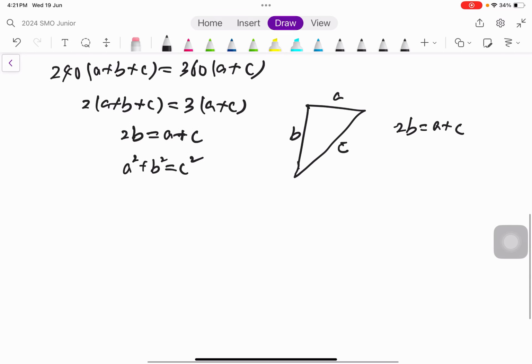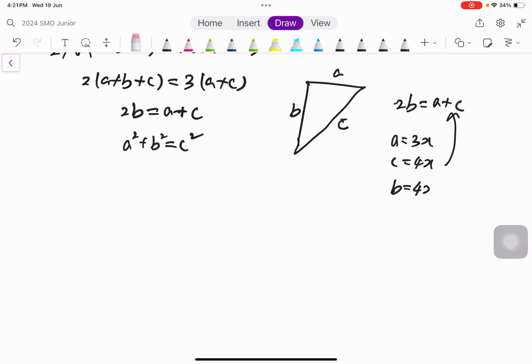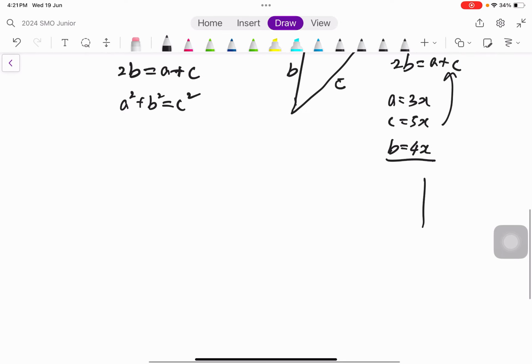Therefore, I think we can roughly guess, let's say A is equal to 3x, C is equal to 5x, right? Then you can establish that B will be equal to 4x, because we know this right angle triangle very well, a 3, 4, 5 triangle.